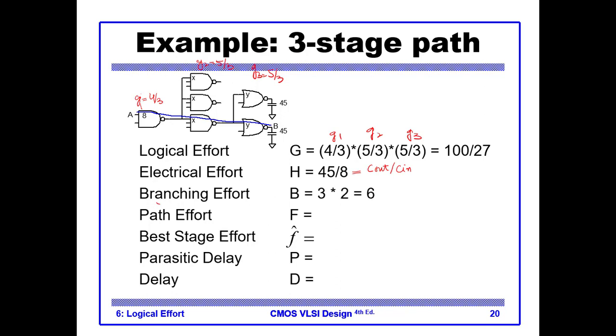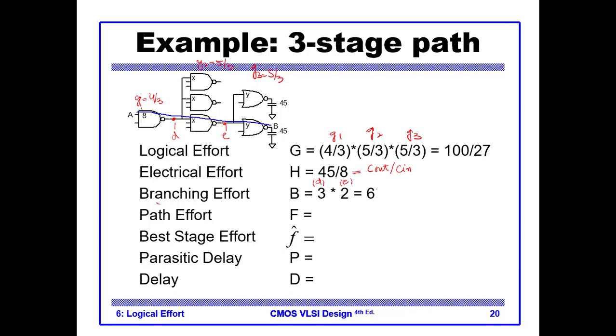What is the branching factor? If we call this point D and this point E, at point D we have a fan out of 3, and at point E we have a fan out of 2.